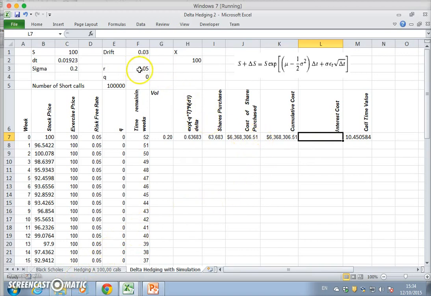And we've said that the risk-free rate is equal to 5%. So let's model that.